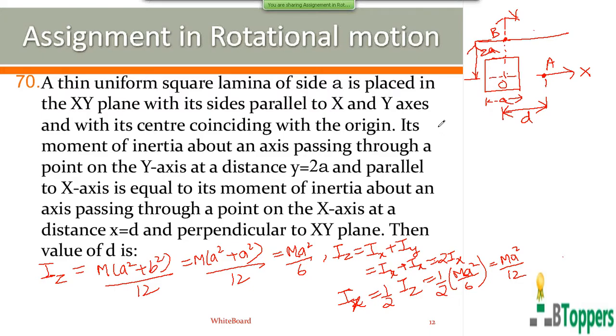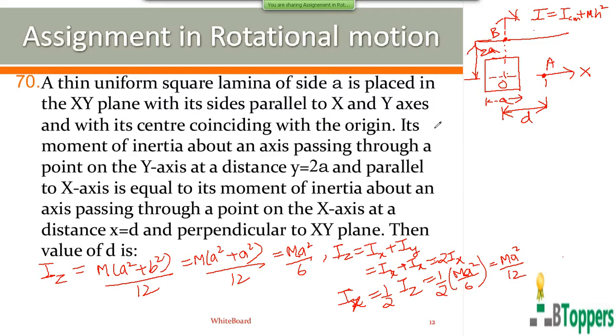So let IA denote, according to the parallel axis theorem, the moment of inertia of a rigid body about any axis can be written as the moment of inertia about the parallel axis passing through its center of mass plus the product of the mass of the body and the square of the perpendicular distance h between the two axes.